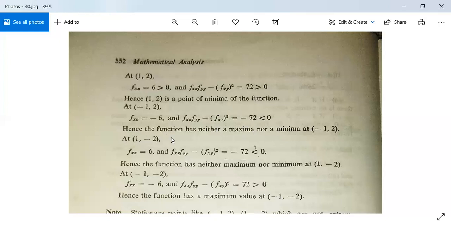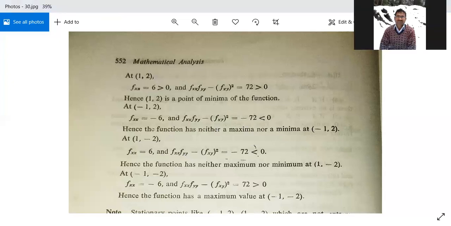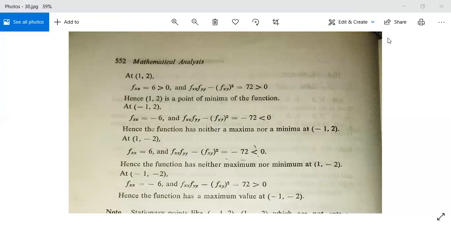Now check at (1, -2). fxx is 6 and fxx fyy minus fxy whole square is minus 72, so it is less than 0. Again the function has neither maxima nor minima at the point (1, -2).